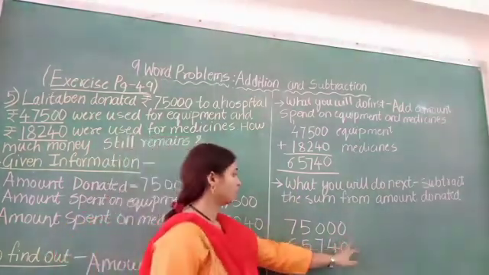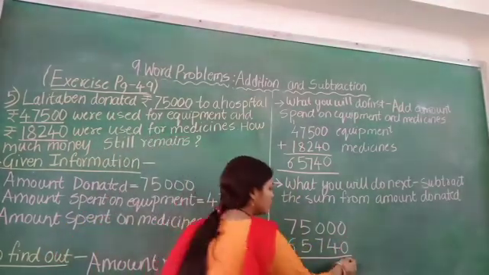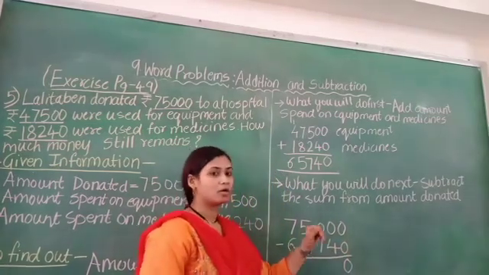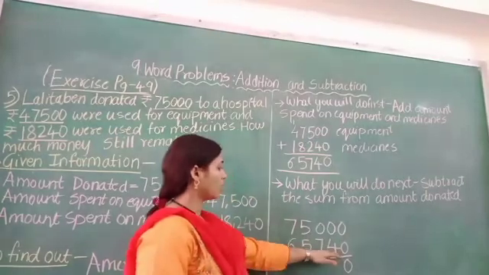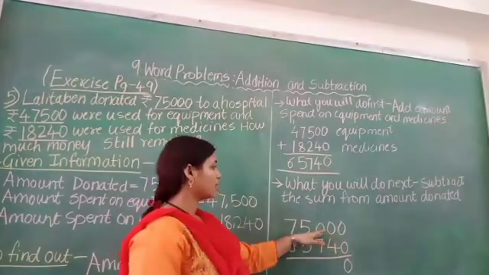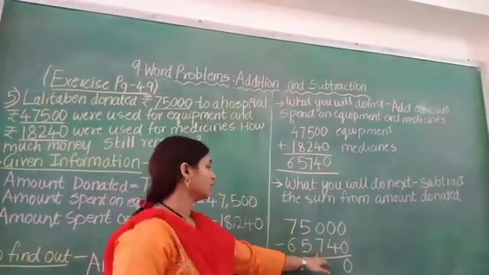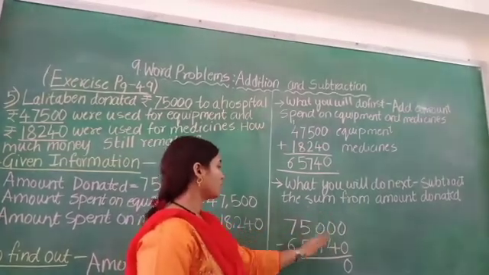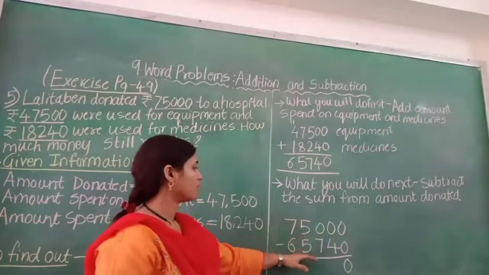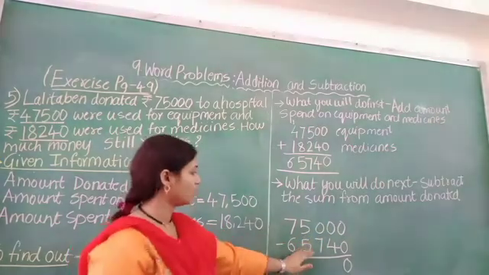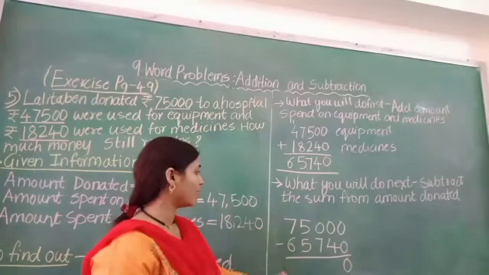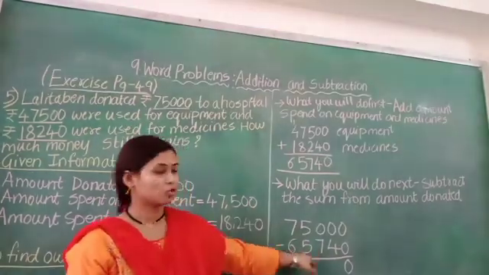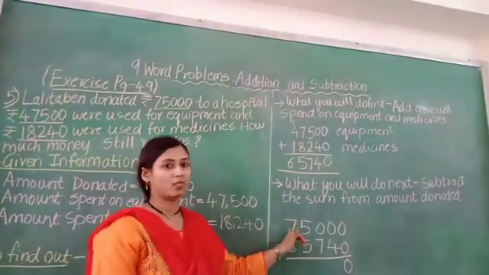Now we will subtract. 0 minus 0 is 0. Can we subtract 4 from 0? No, we cannot subtract. Here 7 is greater than 0, so here also we cannot take carry over from here. Here 5 is equal to 5, so here also we cannot take 1/10 from 5. Here 7 is greater than 6, so from here we can take 1/10.